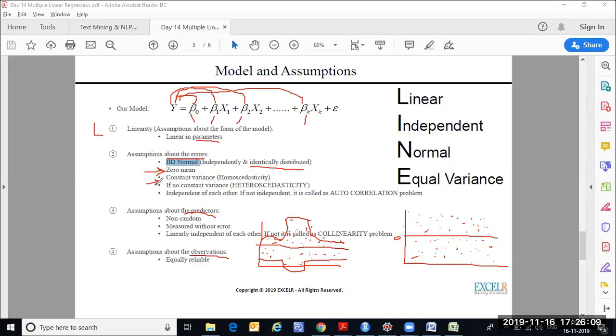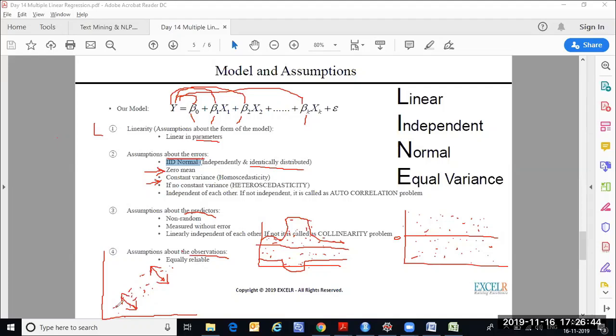What do we mean by constant variance? Let's say you are plotting the errors, and they look like this. What are you observing here? The variance remains constant throughout. Variance is nothing but the spread of the data, right?